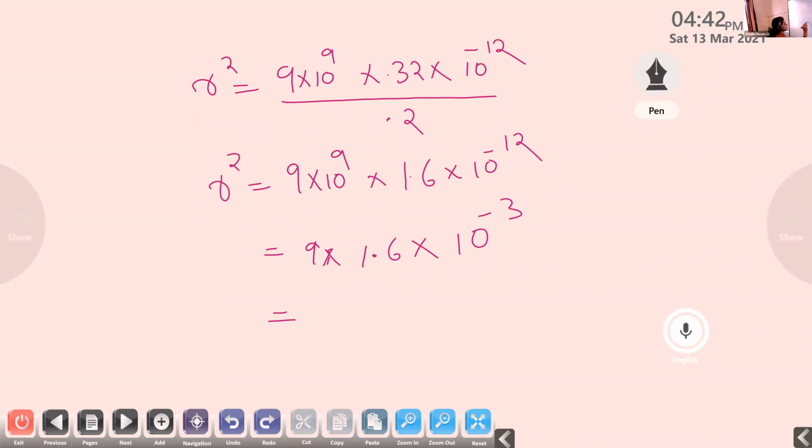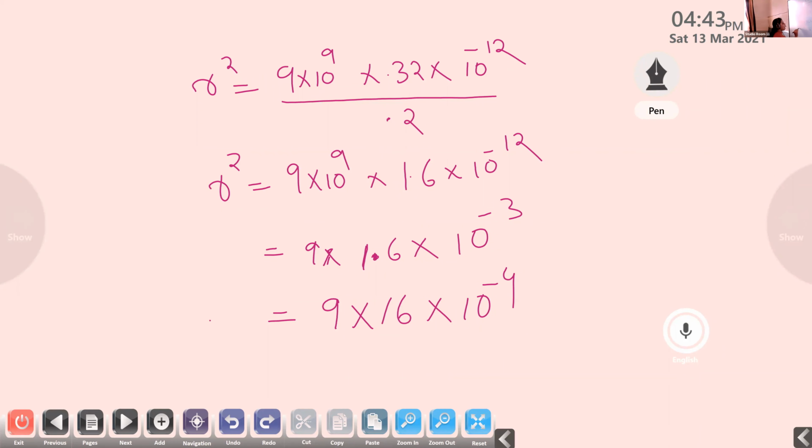We can change 1.6 into 16 by multiplying it with 10, and that 10 is added to the 10 raised to minus 3, so it becomes 10 raised to minus 4.